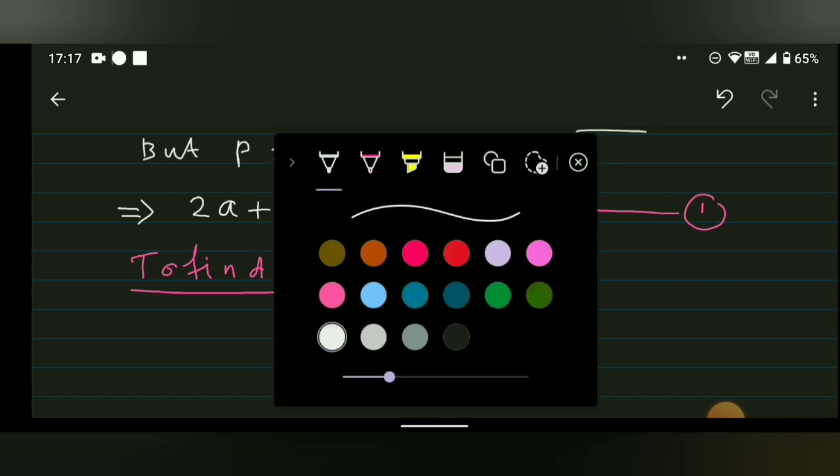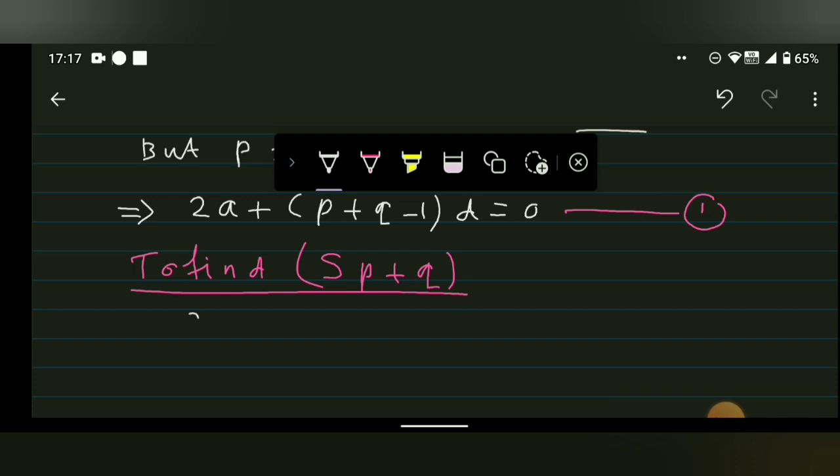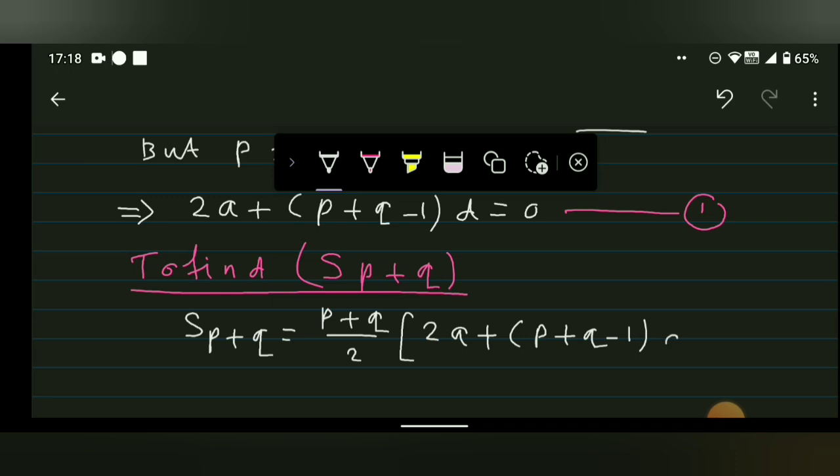So one can have S of p plus q: just replace n by p plus q, we will get (p plus q) upon 2, where n by 2 has the replacement n equal to p plus q. So 2a remains as it is, plus into the bracket n minus 1, meaning p plus q minus 1, into d, bracket close.